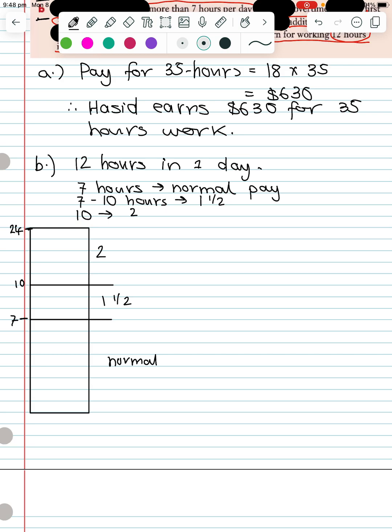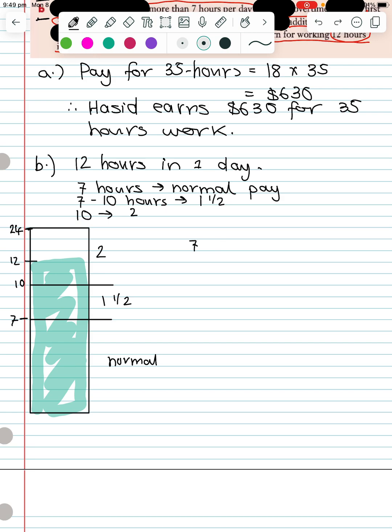So what we need to do with this is break it up a little bit. If we think of it as we're pouring it in, we want to hit our 12 hours. So I'll swap to my highlighter. We know he is working up until 12 hours. So we know he's got 7 times his normal pay of $18.